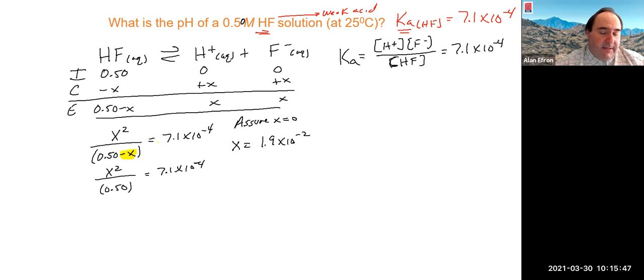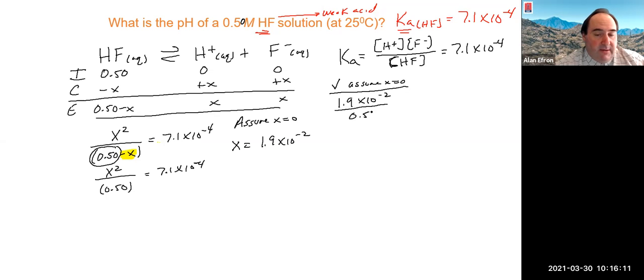Also important that when we do the assumption, we check it, right? So we don't want to forget to check our assumption. To check it, we take the x value that we got. We then divide it by what we were going to subtract it from, which is usually the initial concentration. And we times it by 100%.